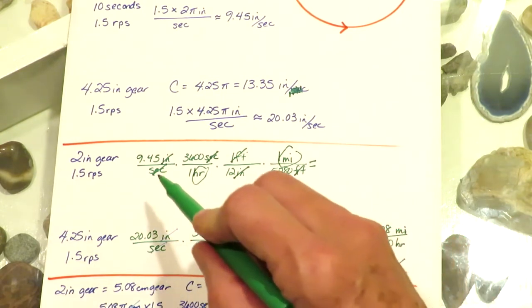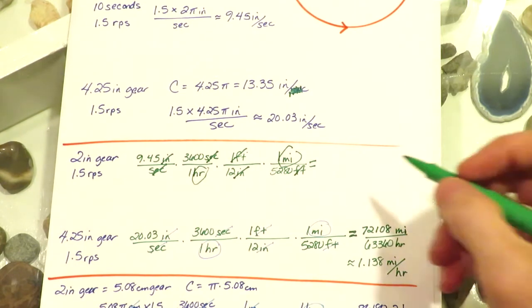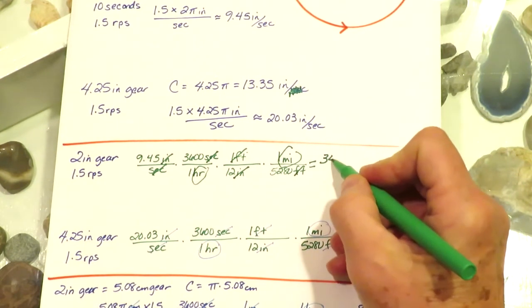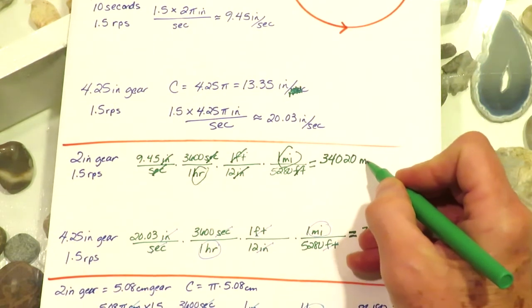So when you multiply fractions, you multiply straight across. And if I multiply 9.45 times 3,600 times 1 times 1, I get 34,020, and that's miles.